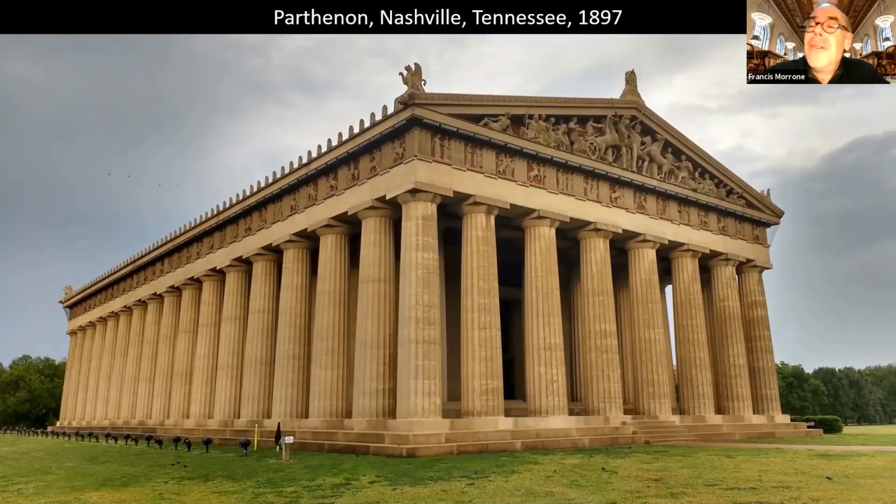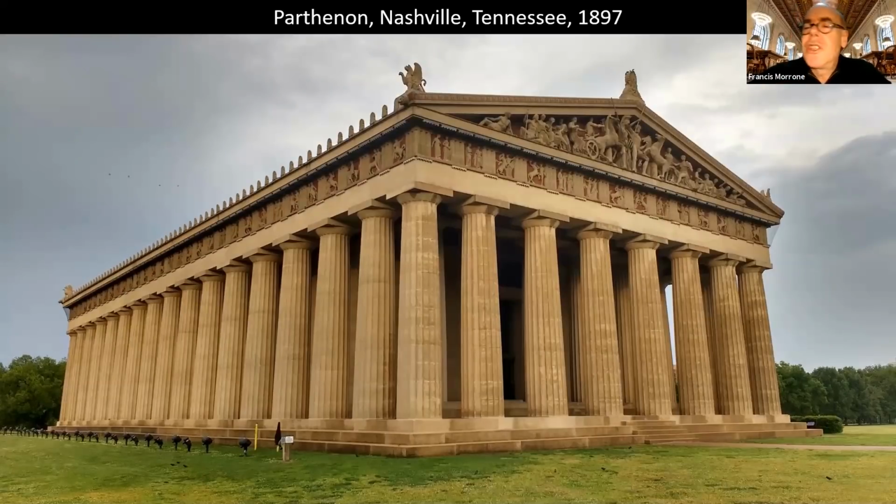People say, oh, have you seen the Parthenon in Nashville? It's a marvelous thing. There's nothing else in the world that gives us as vivid a sense of what the Parthenon was like. This is just like that model in the Carnegie Museum, but it's writ large, and there's a place for this sort of thing.